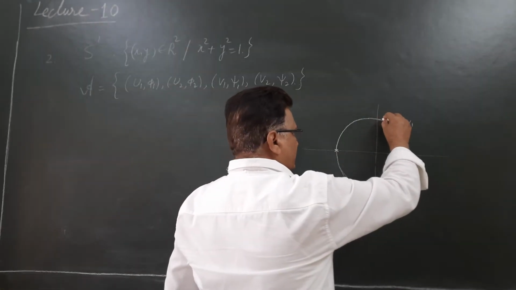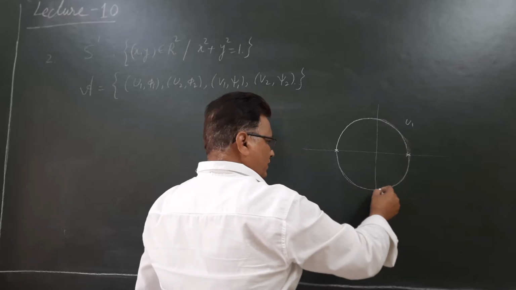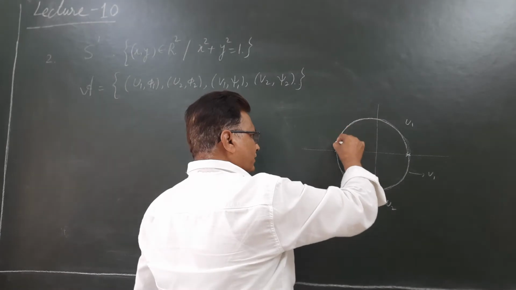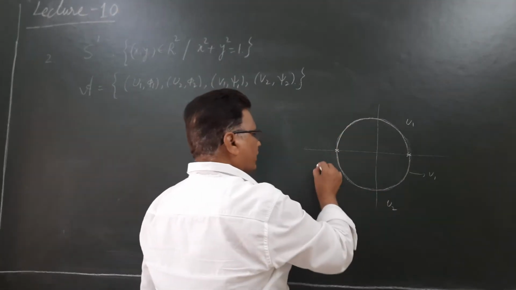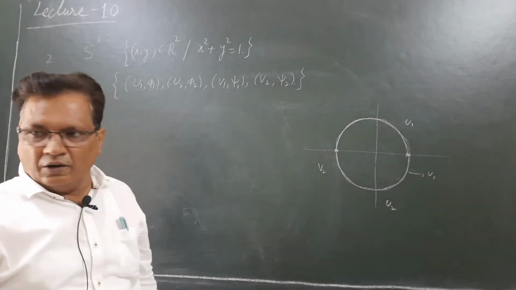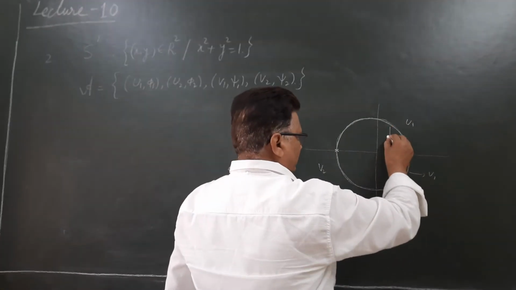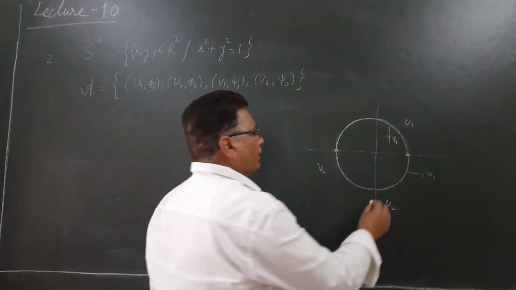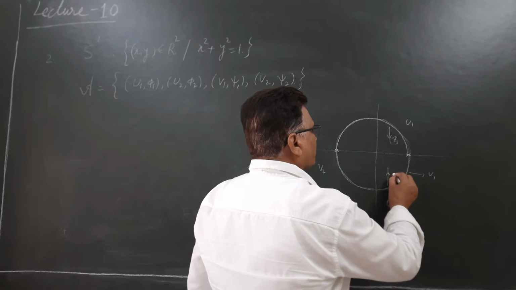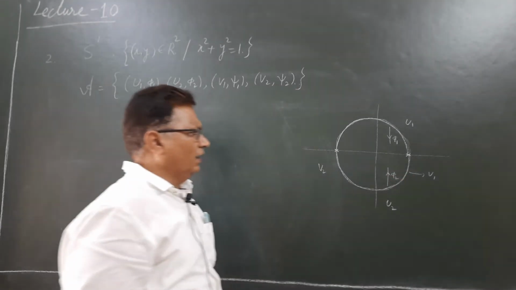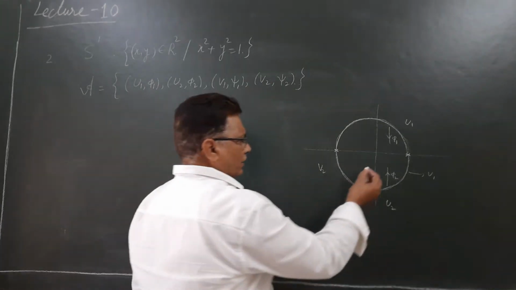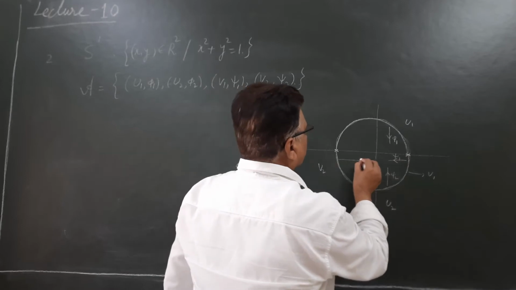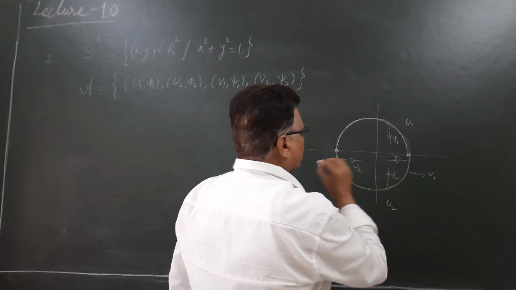V1 is this semicircle to the right of the y-axis, and on the left of the y-axis you have this semicircle, which we are calling V2. For U1 you have the projection onto the x-axis, and the projection onto the x-axis on U2 is denoted by phi 2. They are homeomorphisms. Similarly, this projection is denoted by psi 1, and the projection from this side is denoted by psi 2.